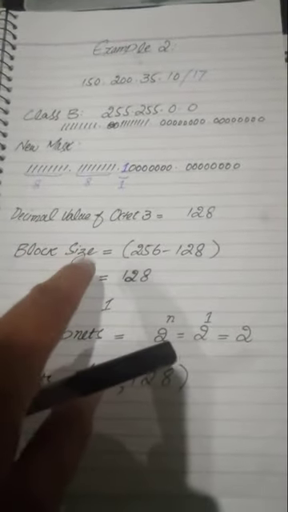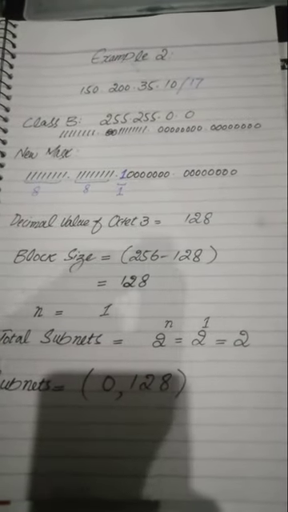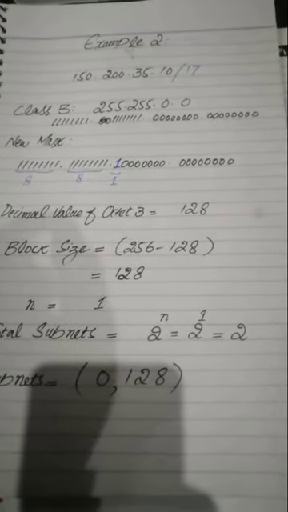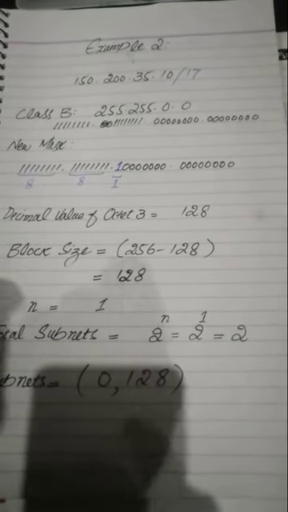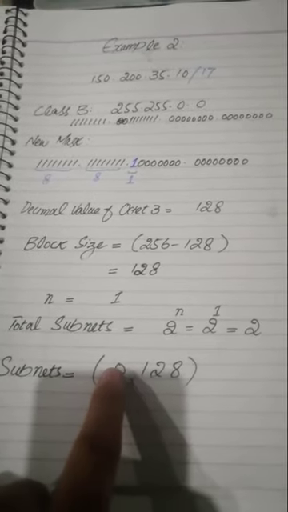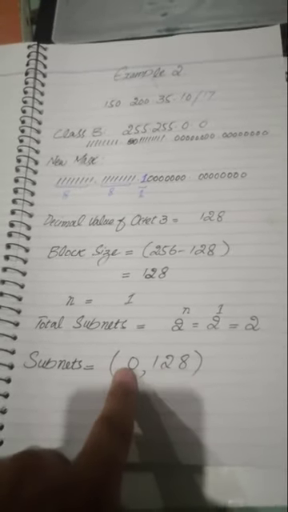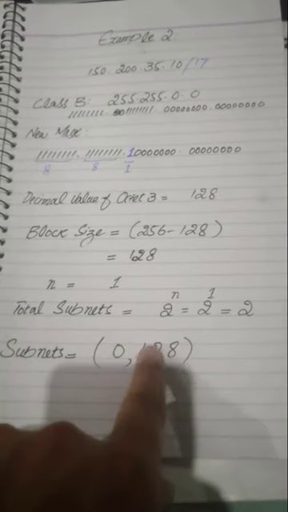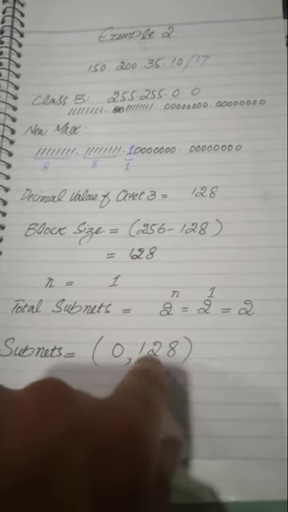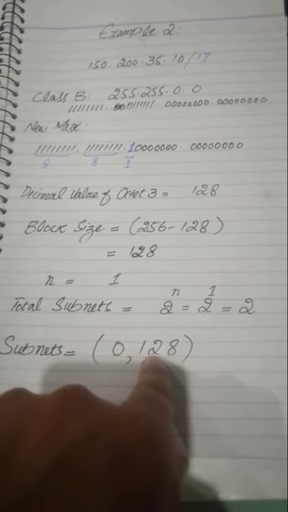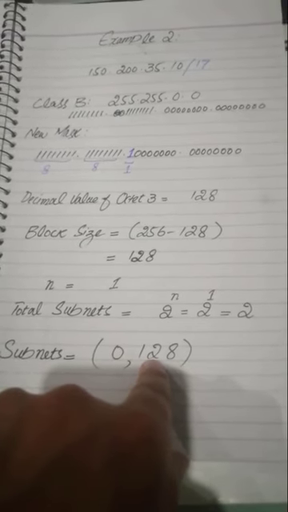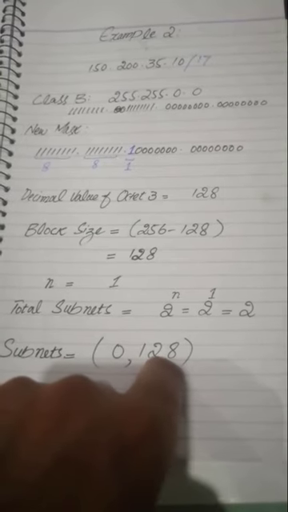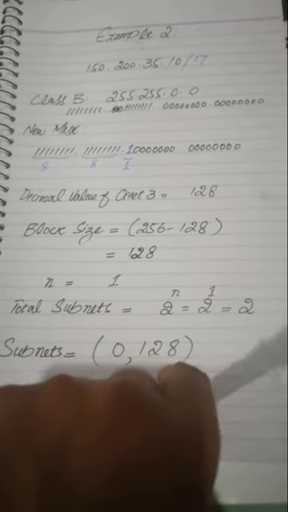So what are those 2 subnets? As I have already mentioned, for each subnet we will be starting from 0. So our first subnet will be 0 and we will be adding 128 to the next octet. So our next subnet will be 128, right? So we have calculated the total number of subnets and we have also calculated their range.